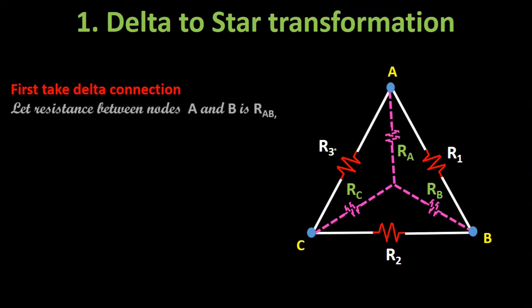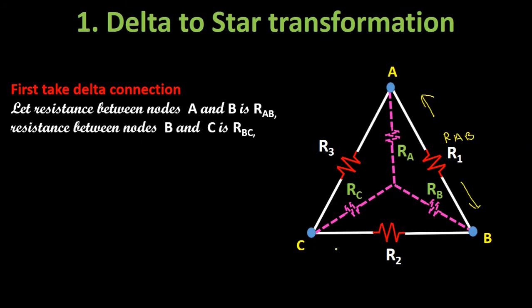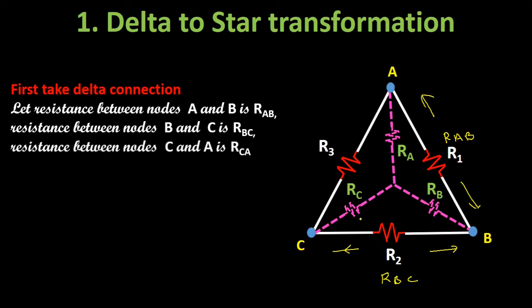First we take delta connection here. So here we can see that we have to transform the circuit of the delta connection to the star connection. So here we have made one star connection inside this delta connection. So we assume the resistance between this node A and B as RAB, and the resistance between B and C as RBC, and the resistance between C and A is RCA.